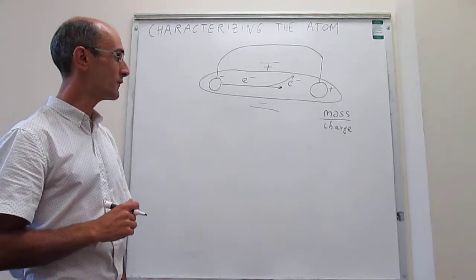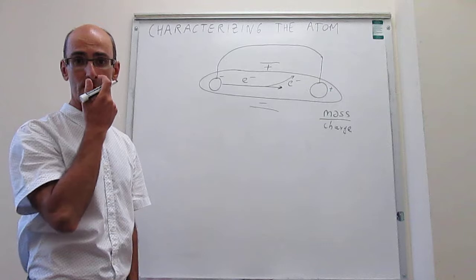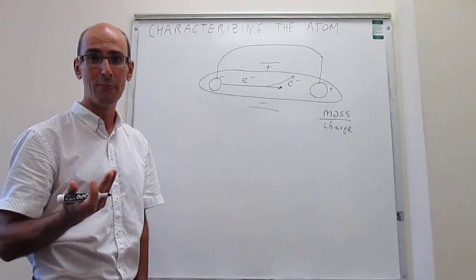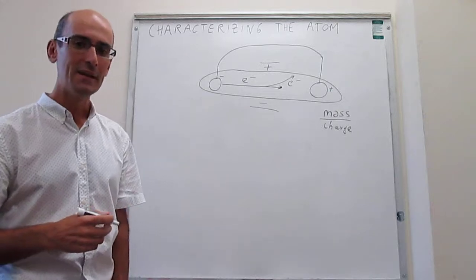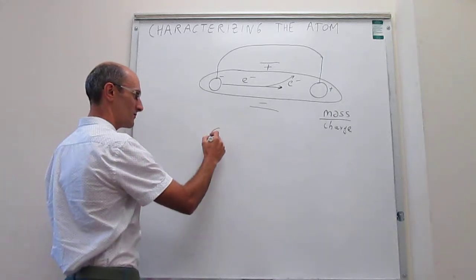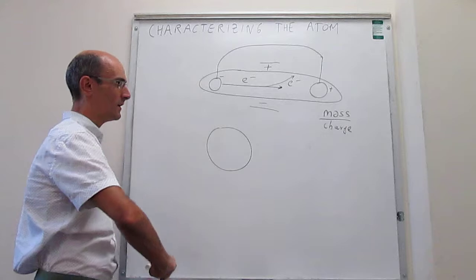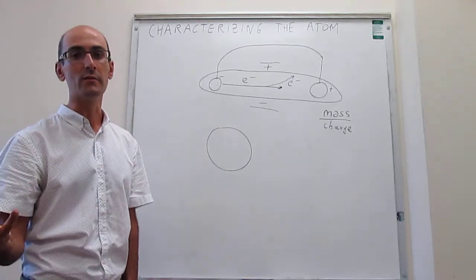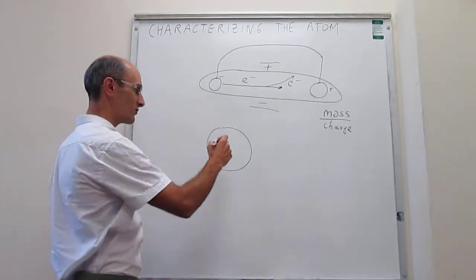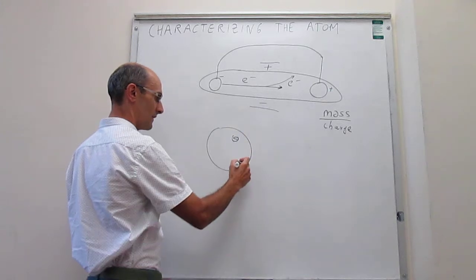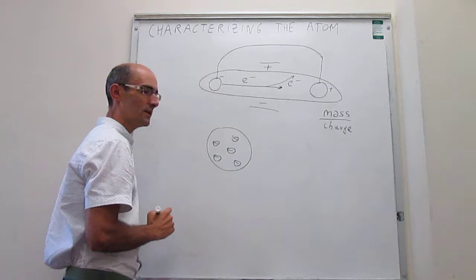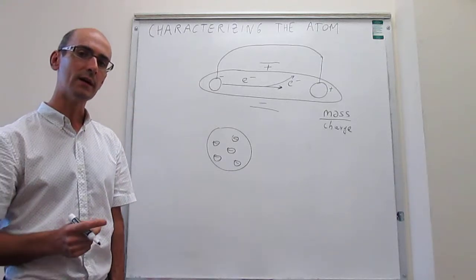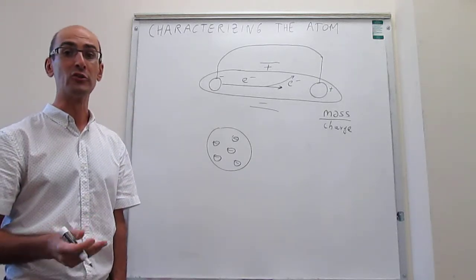From these experiments, a model came up, which is called the plum pudding model. You can imagine an atom, and this is a cross section of it. Because electrons can be generated from the atom, all those electrons are going to be somewhere in this atom, distributed likely randomly. But we also know that matter is electrically neutral.